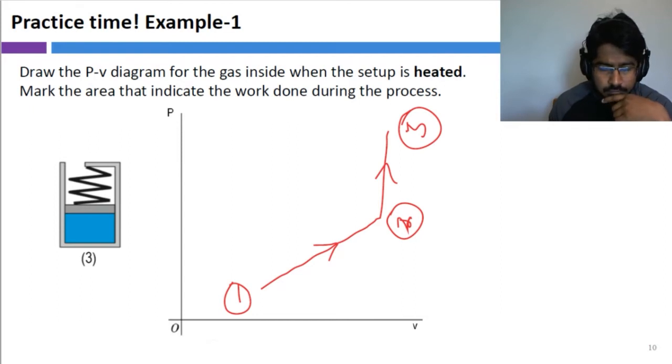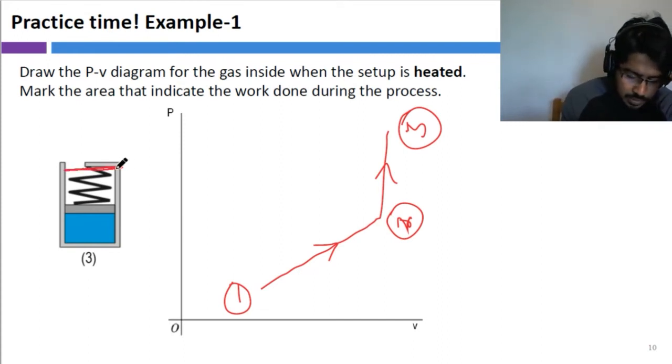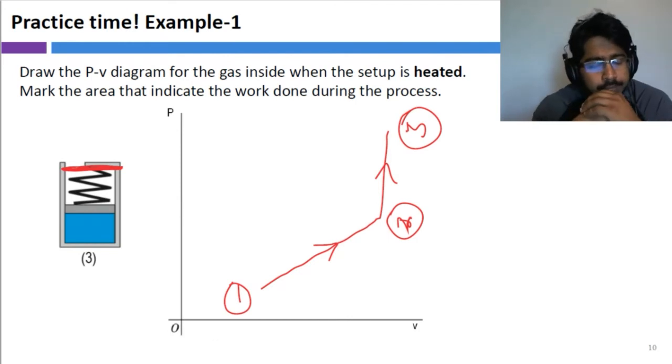But when I imagine that process, because of the spring, when the volume gets very close to the top, even if the volume increases a little bit, we need to use more force, right? That means the pressure increases very fast.